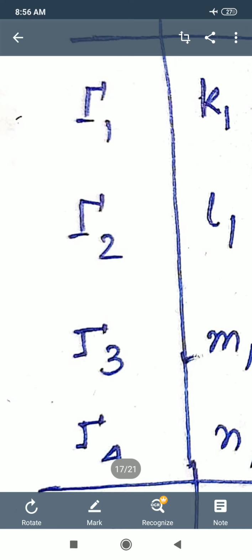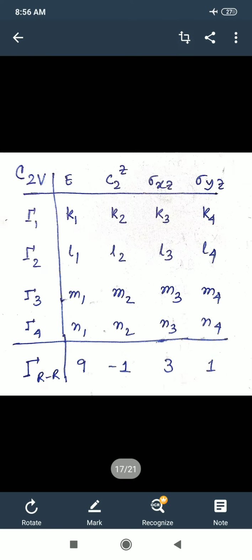Because the number of classes is 4, the number of irreducible representations is also 4, and in our character table we write the irreducible representations at the left hand side, while at the top are the symmetry elements, that is E, C2Z, sigma xz and sigma yz.